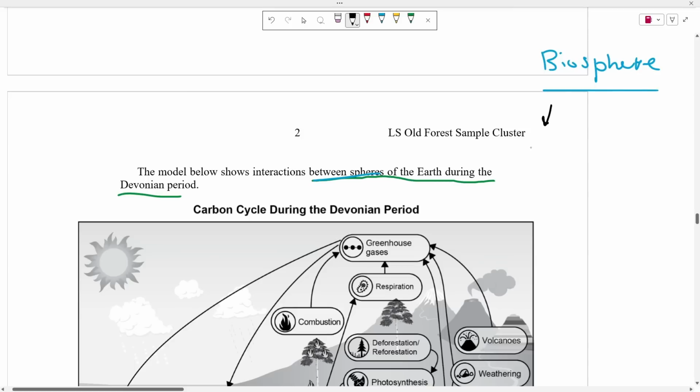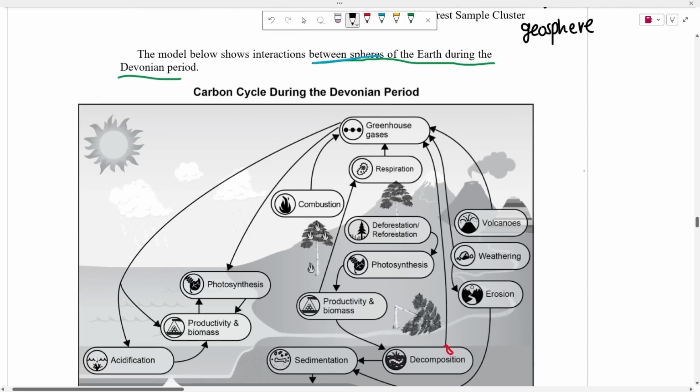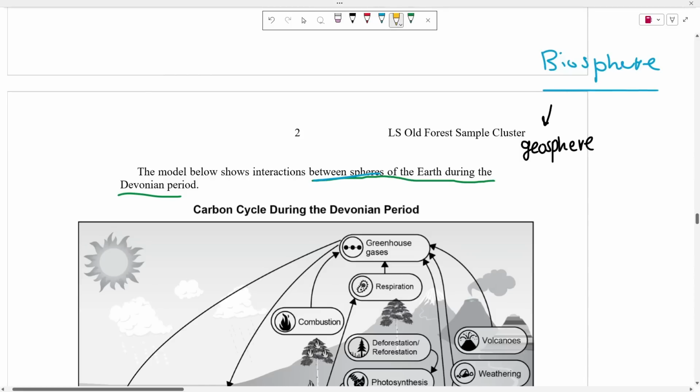The first part is the geosphere, which is all of the interactions, all of the energy, all of the animals that are coming from the ground, right? Think about it. The G in geosphere stands for ground, right? And then we also split up the biosphere into the atmosphere. This might be the most recognizable sphere, because we talk about the atmosphere pretty frequently, but the atmosphere is anything to do with the air.